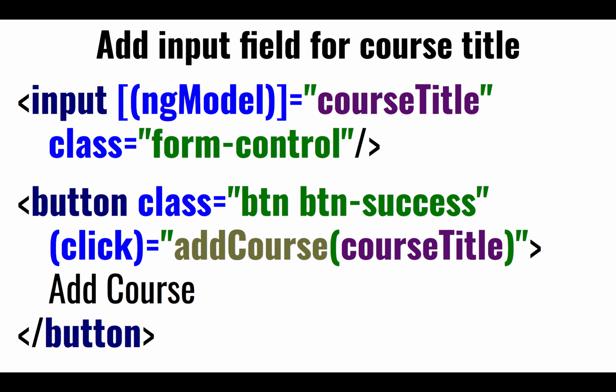See that? So whatever I type in the input field, that's exactly what I'm going to send when I click on add course. And that's going to call the same function, add course, which is going to push into the array, and it's going to re-render the page with the new course.